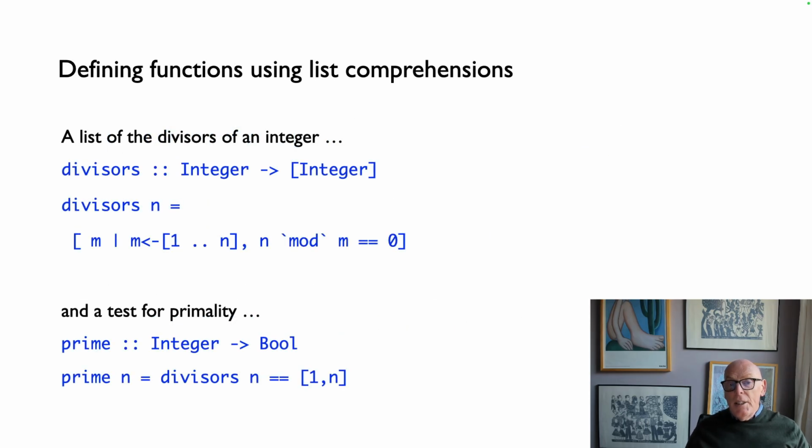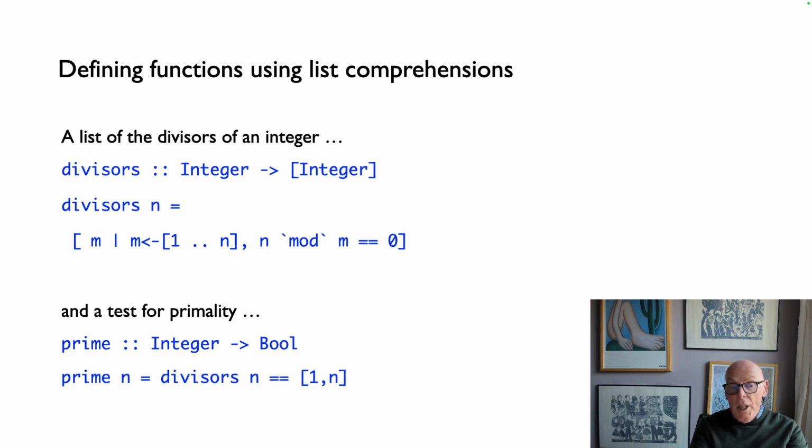And we can use these list comprehensions to define functions. Here's a nice function that takes an integer and returns the list of its divisors. So those are the numbers which go into and divide that number without a remainder. And what does this say? To give the divisors of n, what do we do?